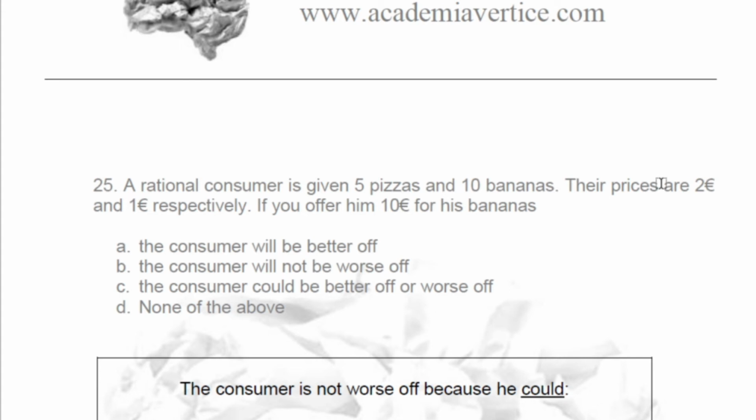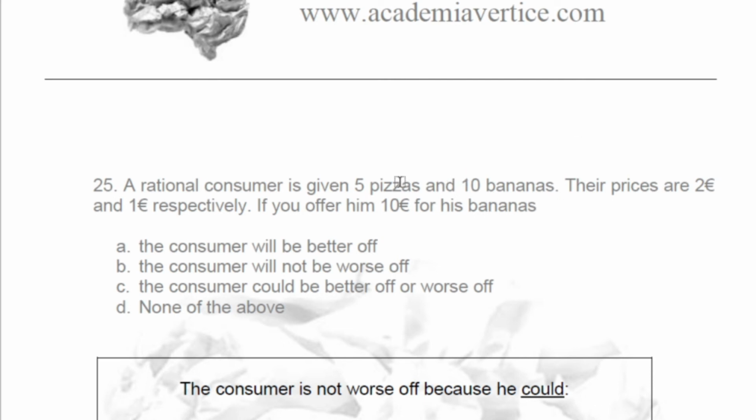25th. A rational consumer is given 5 pizzas and 10 bananas. The prices are 2 and 1 respectively. The price of each pizza is 2, the price of each banana is 1. If you offer him 10 euros for his bananas, the consumer will be better off. Maybe not.